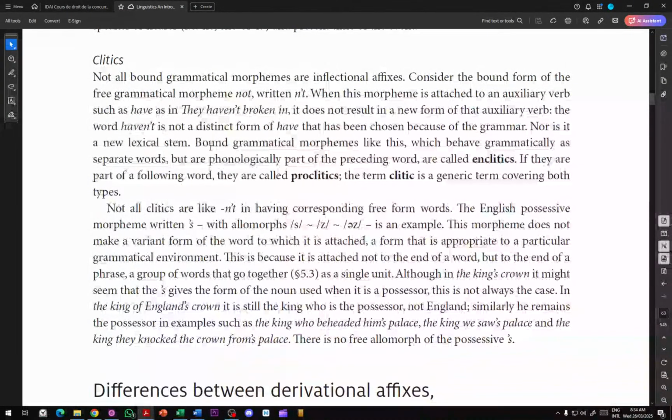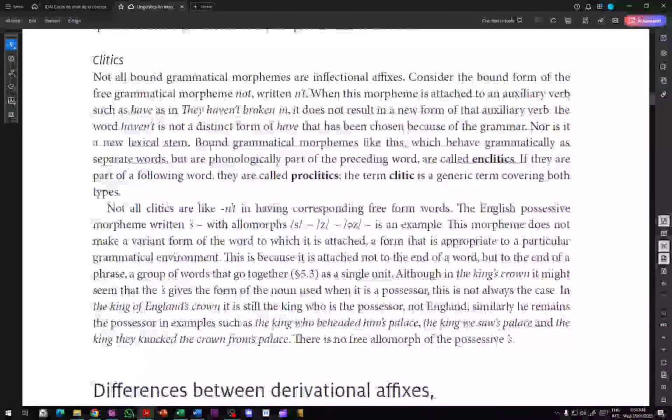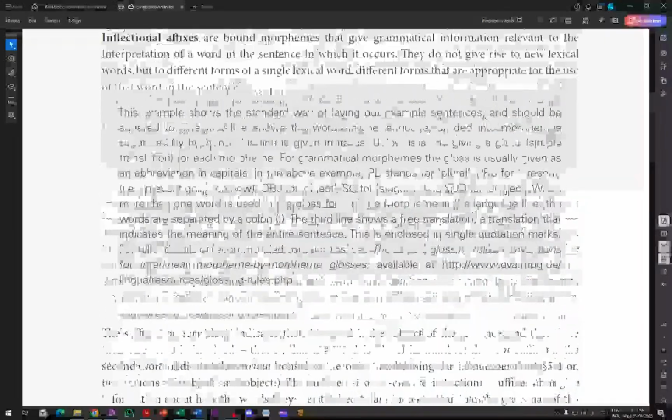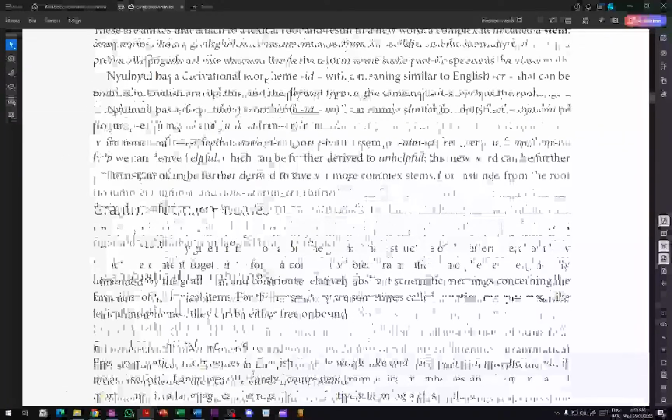What are the options here? Either it's a lexical stem or it is chosen because of the grammar. A stem is a derivational affix. We've spoken about bound roots, trying to connect everything together, right?